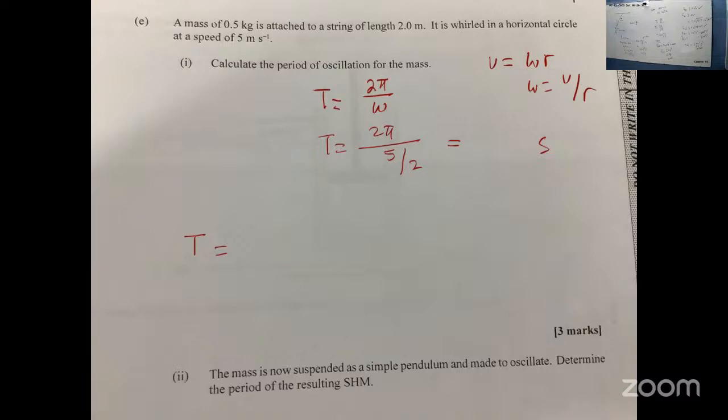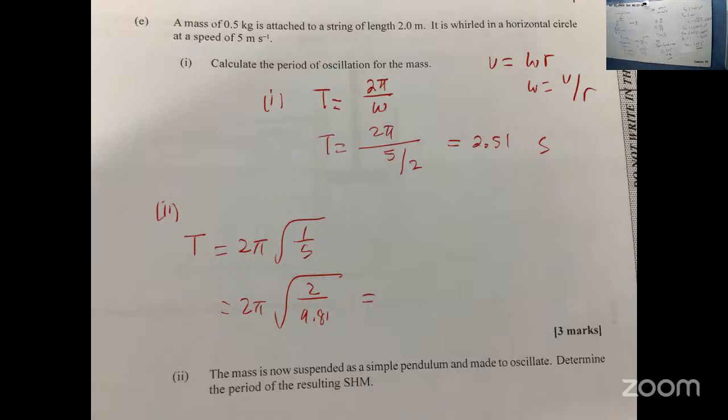Right, how much you all got for the first period, part 1? 2.5. And then the second one, the formula is once again 2 pi root L on g, right? So that is 2 pi by the square root of 2 over 9.8.